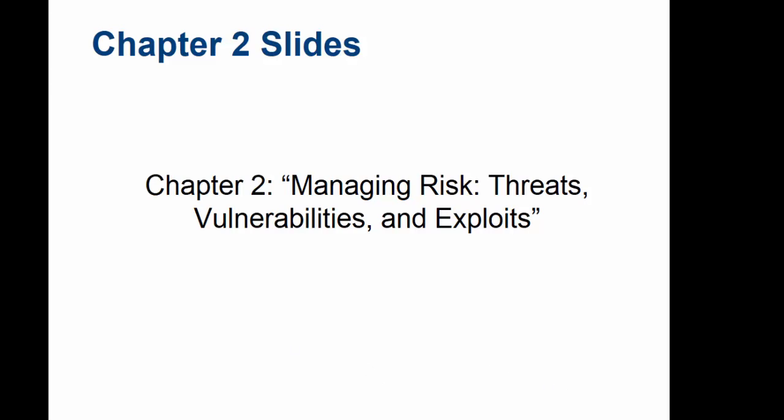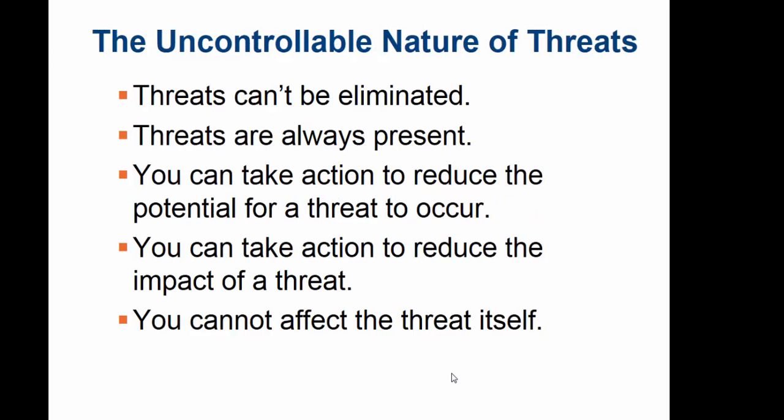So, per our weekly reading, let's go ahead and start with Chapter 2, Managing Risk, Threats, Vulnerabilities, and Exploits. So the uncontrollable nature of threats, as we've learned earlier, threats are something that's out there, but it's not actually something that has happened.